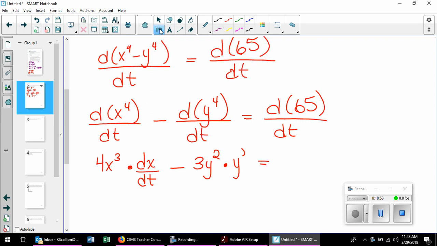I'm just going to put 0 there, because that would be times by d of a constant, which is 65, over dt. That's all equal to 0.